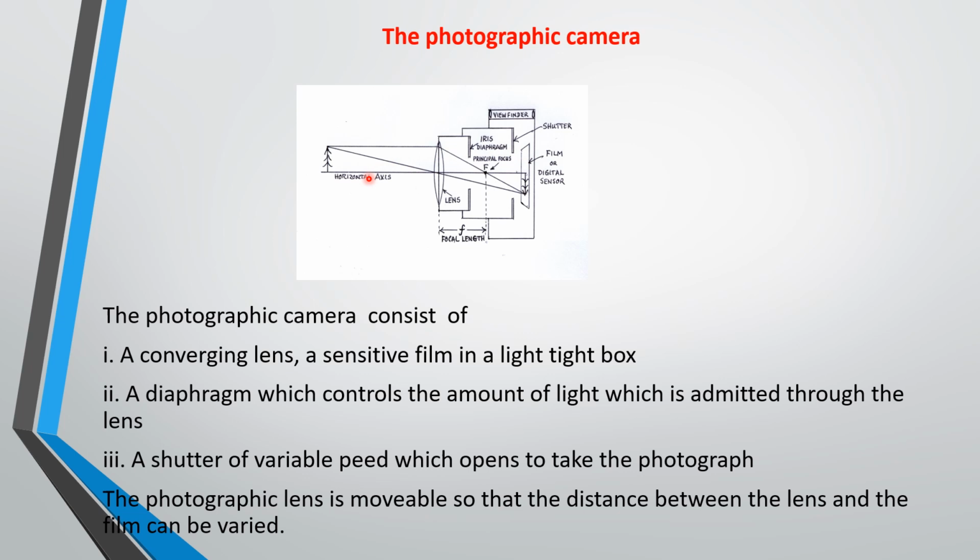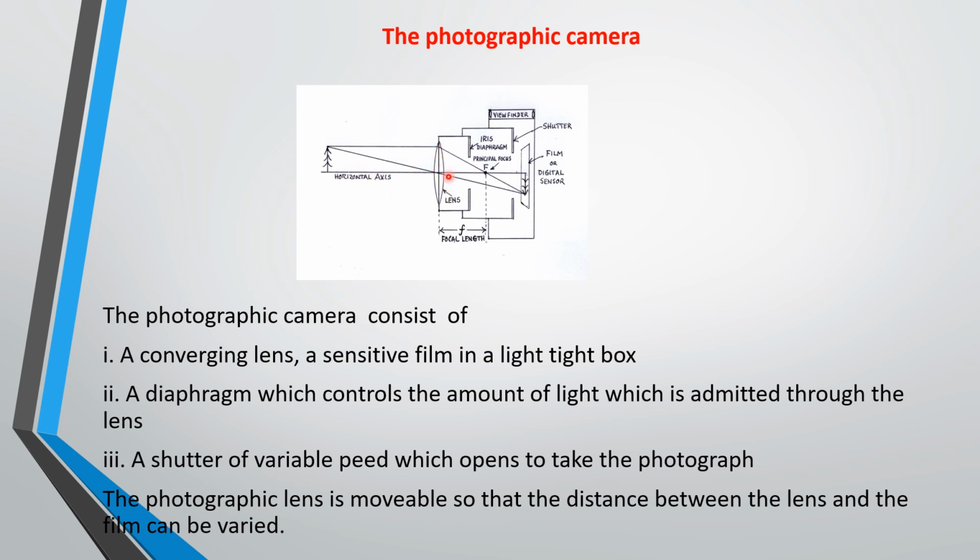So these are the features of the camera, and the photographic camera lens is movable so that the distance between the lens and the film can be adjusted. So this lens is movable so that you can adjust the distance between the lens and the object that you want to snap the picture of.